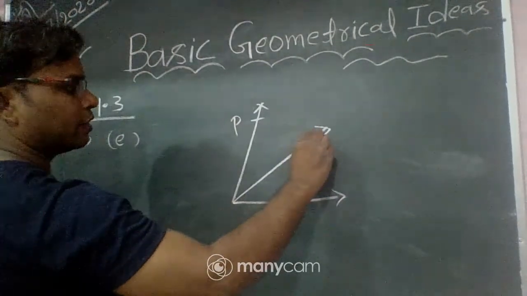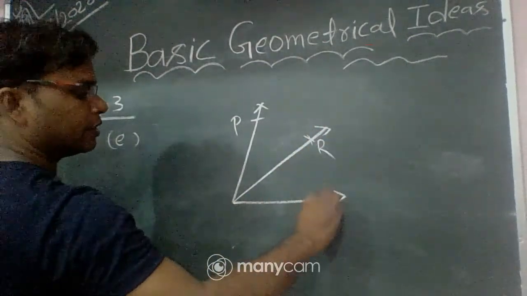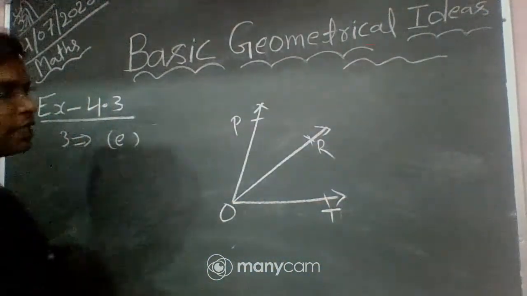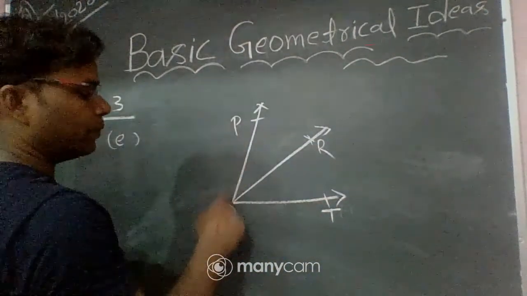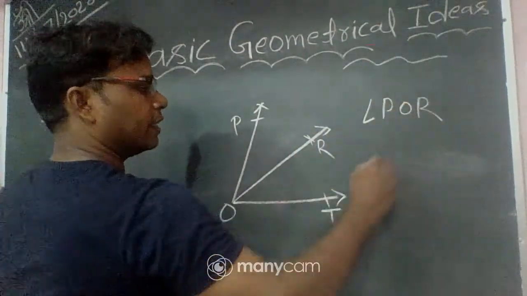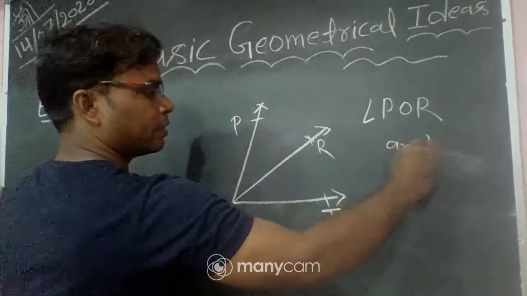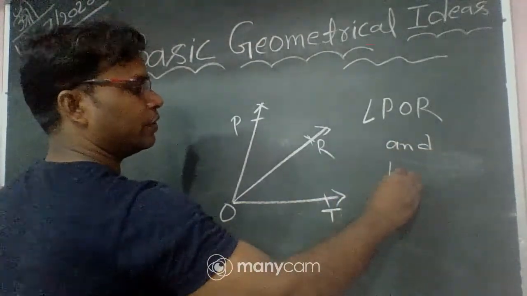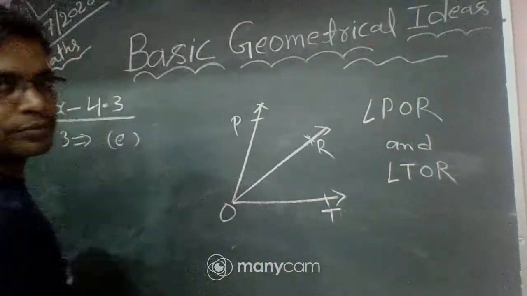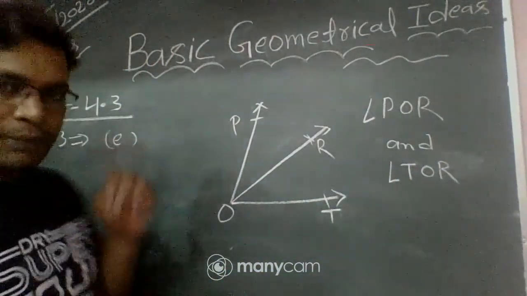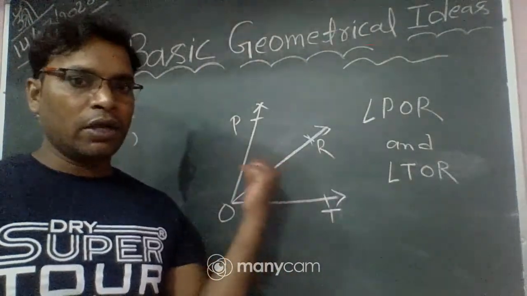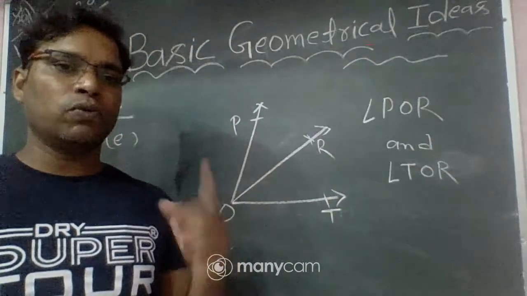We draw two angles, angle POR and angle TOR. Here OR is common. OR is common, so OR is a ray. We draw two angles such that one ray is common.